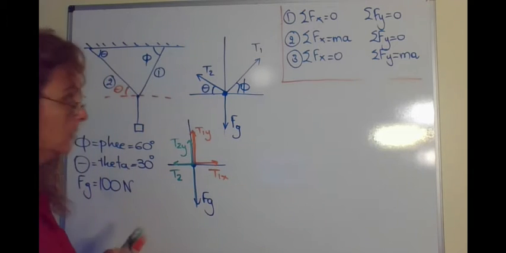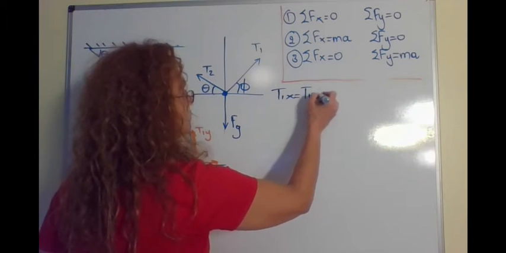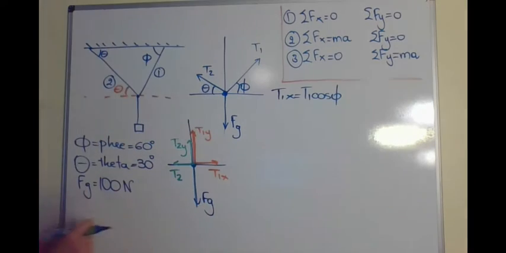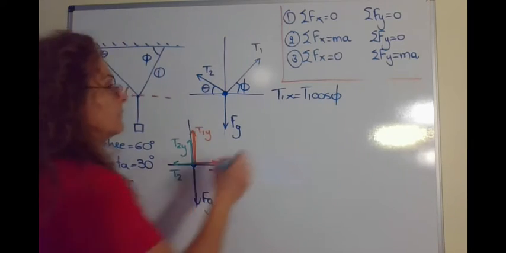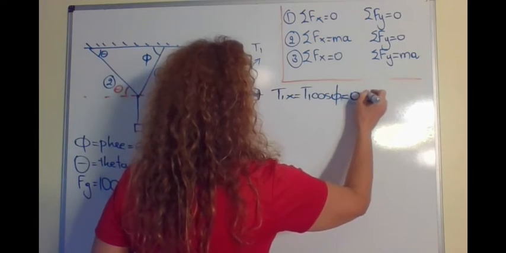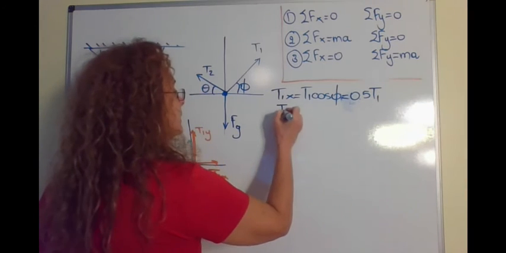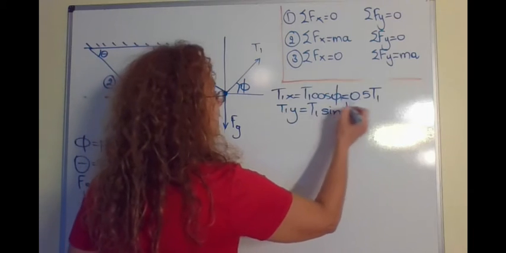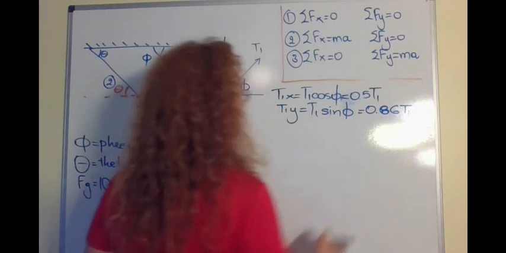Now, what about math? So T1x will equal T1 cosine of the angle phi, which is 60. And the cosine of 60 is half, so this will be half T1. T1y will be T1 sine of the angle phi, which means 0.86 T1.